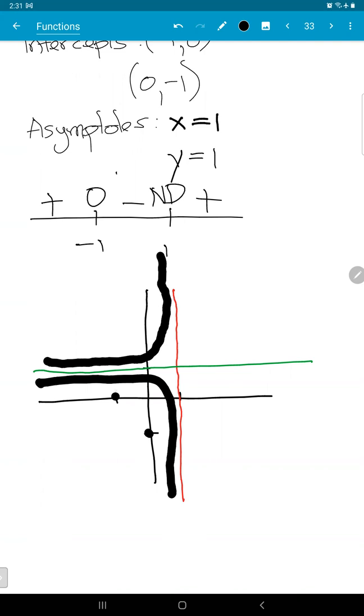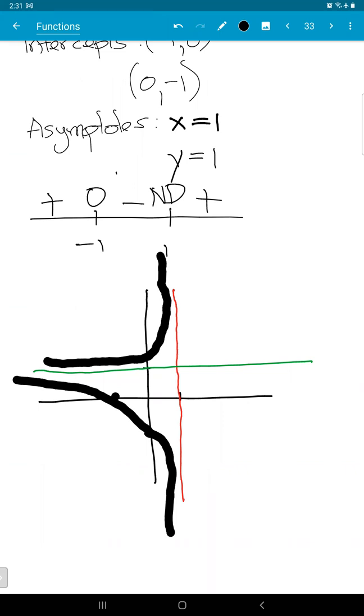Okay, but of course these 2 points are parts of the graph, so we have to really make it cross. Now, based on the sign chart, which do you think should be the one of the 2? Is it the upper one or the lower one?